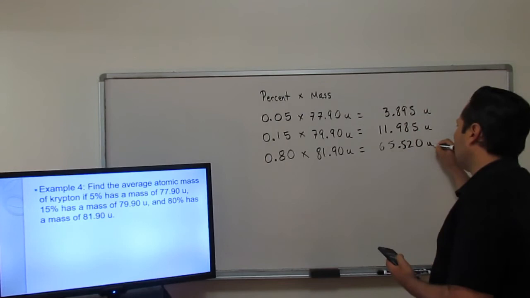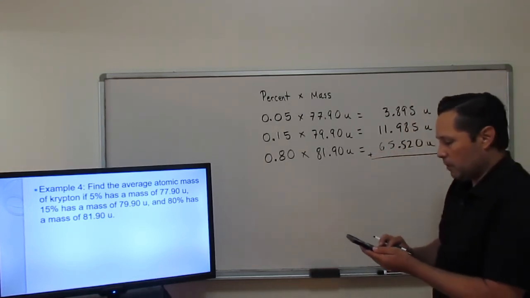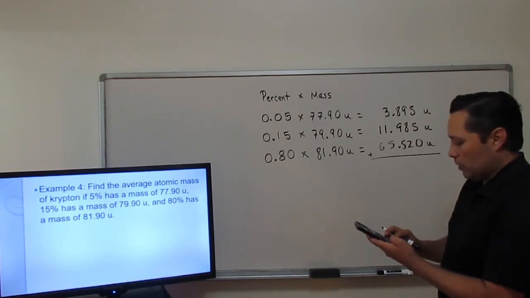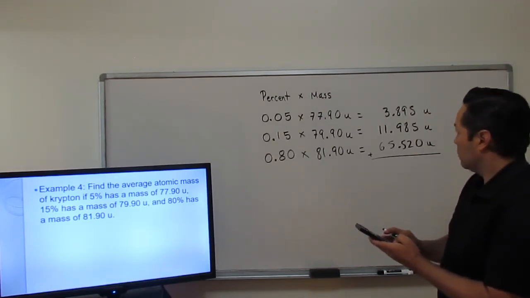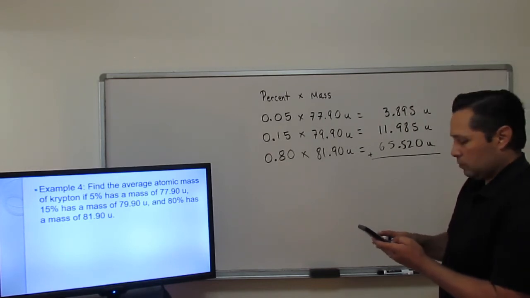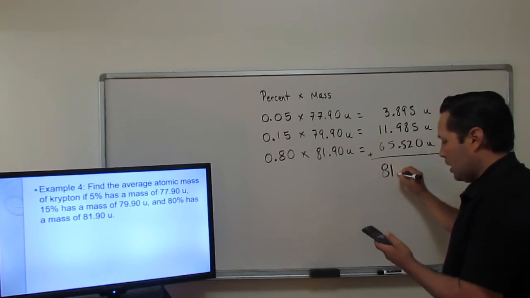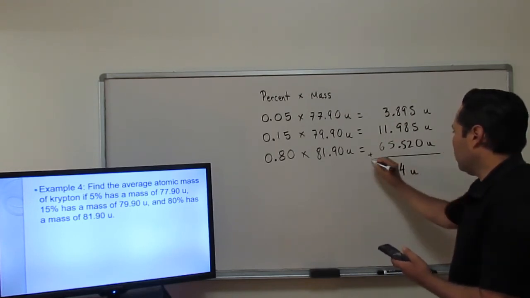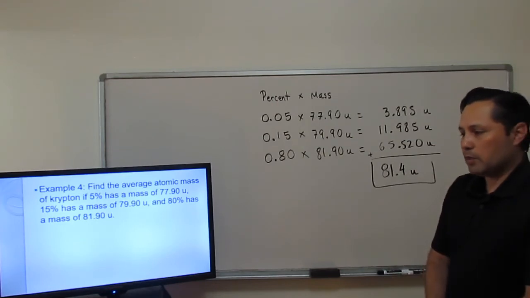I'm going to add the 0 there just so it looks a little bit better. Add them all together to get the final answer. My answer is 81.4 U. That is the average atomic mass for krypton.